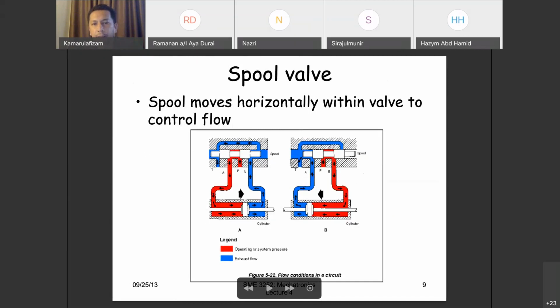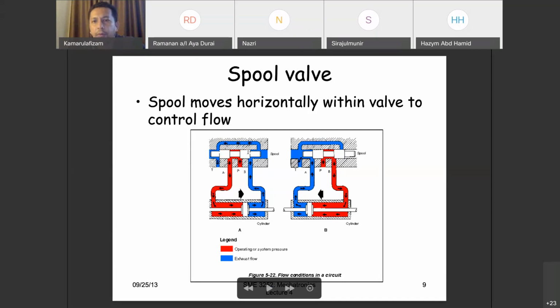Kalau dia bergerak ke kanan, dia akan tutup dan buka certain valve atau certain port ataupun certain liang. For example, kalau dia duduk dalam posisi macam ni, basically yang biru ni dia akan ada flow sampailah ke sini, dan yang merah ni basically flow dia akan mati lah. Dia akan stop kat sini. Ini dalam keadaan state A.